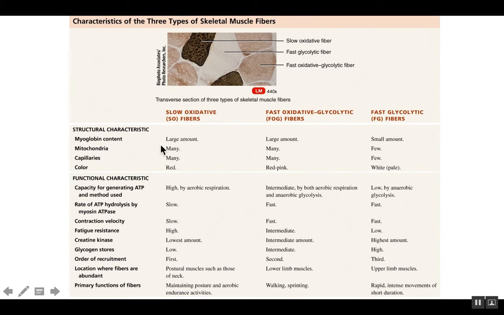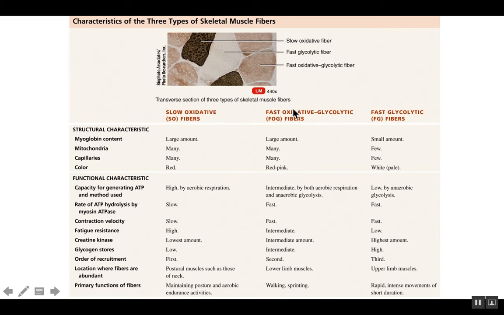So these have a lot of oxygen available to them, hence the oxidative. So they rely heavily on aerobic cellular respiration.